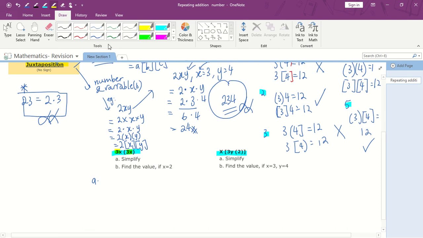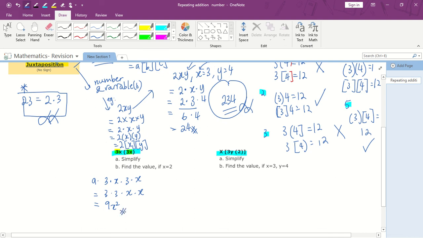This 3x actually is juxtaposition, and this is parenthesis. So you can understand this as 3 times x times 3 times x. So you can rearrange it, number in the front, variable at the back. So 3 times 3, 9. X times x, x squared.